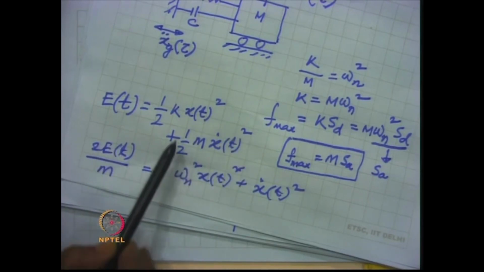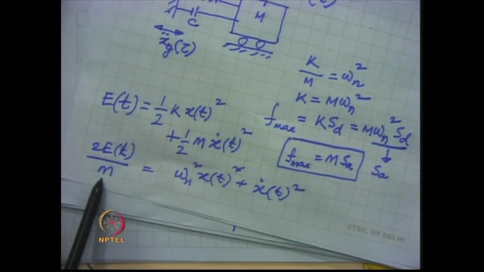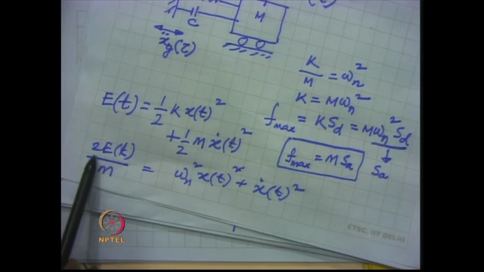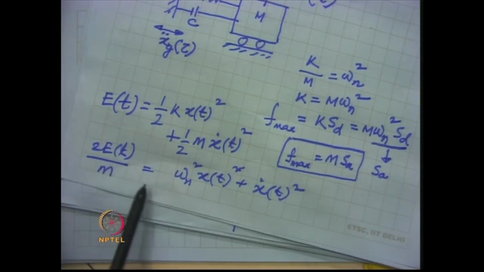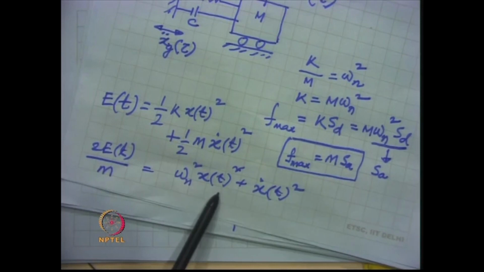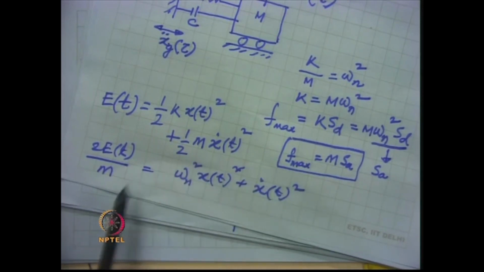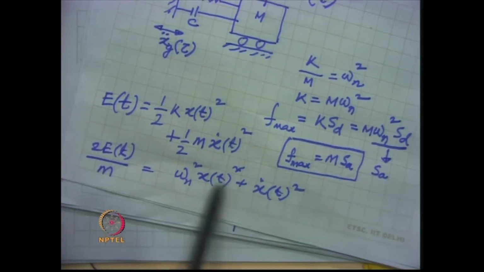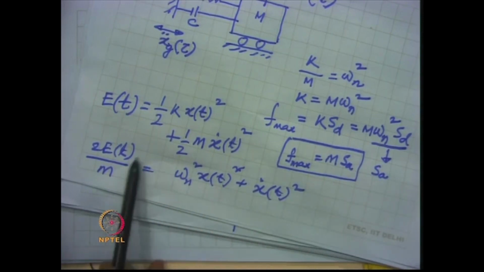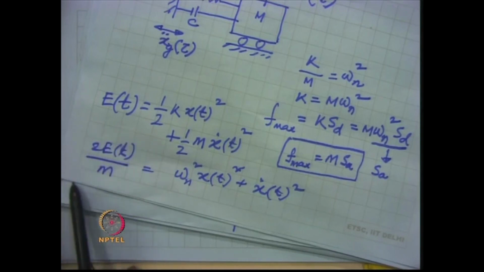Dividing the entire thing by m and taking the 2 onto this side, we can write twice E t divided by m is equal to omega n square, since k by m is omega n square, into x t square plus x dot t square. So, for a given single degree of freedom system, at every instant of time t, if we know the displacement and the velocity, then we can easily obtain twice E t by m.